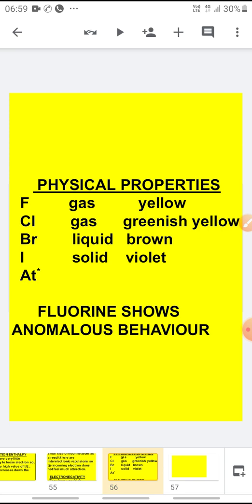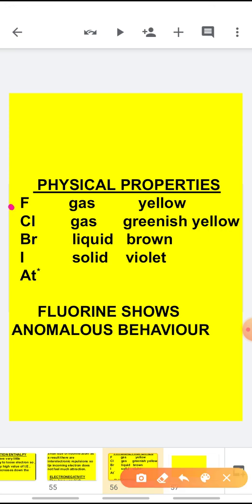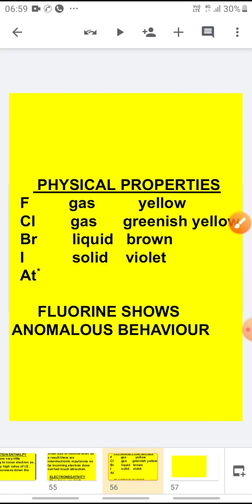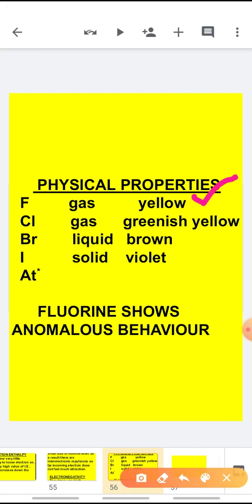Now, I am starting with the physical properties. Fluorine is a gas, chlorine is also a gas, bromine is a liquid, iodine is a solid. About astatine, we are not talking, it is a radioactive element. Now, fluorine is yellow in color, chlorine is greenish yellow in color.